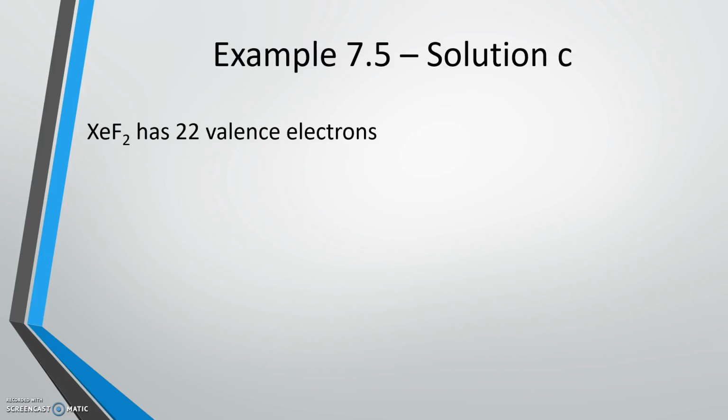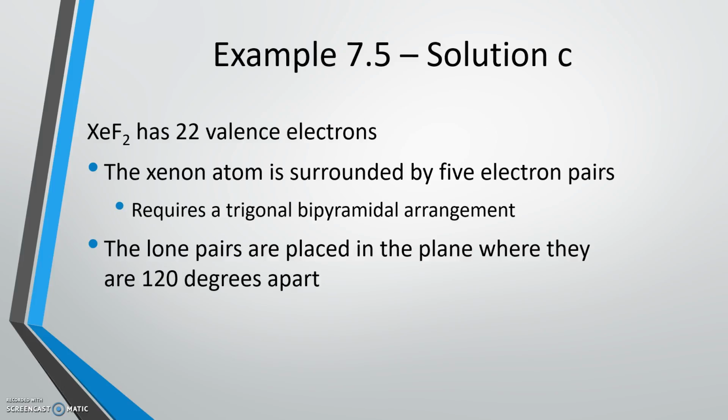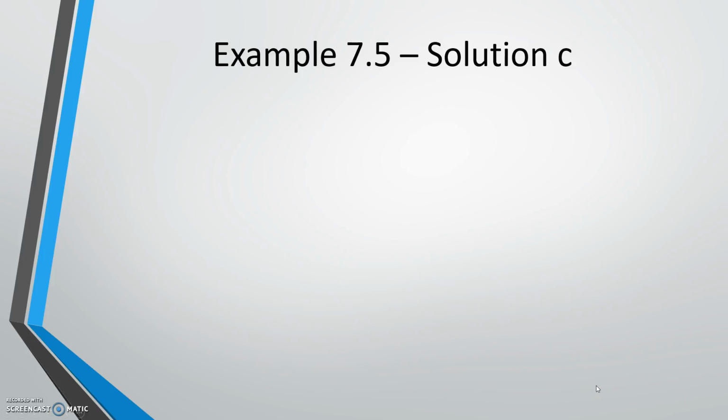The final example is xenon difluoride, which has 22 valence electrons. The xenon is surrounded by 5 electron pairs. 2 are bonded, 3 are non-bonding, which again requires the trigonal bipyramidal arrangement. The lone pairs are going to be placed where they are 120 degrees apart, so you can see this kind of triangular shape on the side, and then we can see the atoms across here.